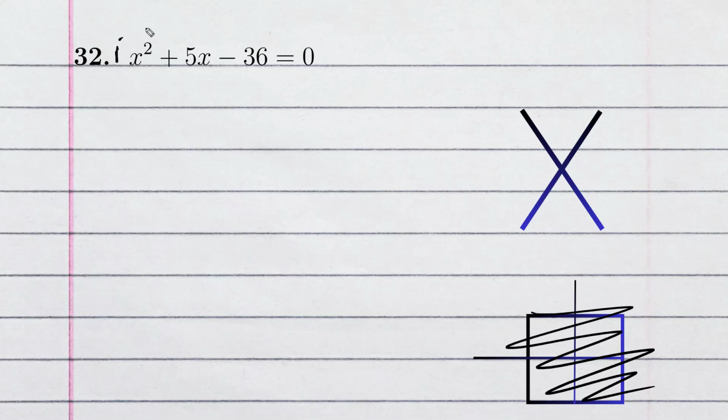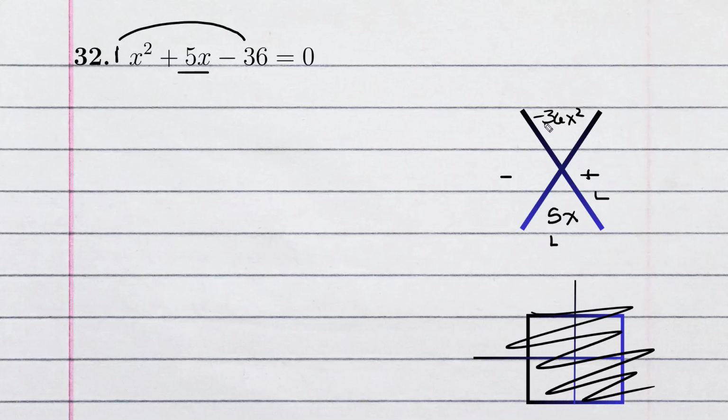So to do the x, you multiply the first and the last, so your a times your c gives you negative 36x squared. And then you're trying to find which of those will multiply to give you negative 36, and will add to give you a 5x. So if we know it's negative, they need to be opposite signs. This is positive, so that means my larger sign needs to be positive.